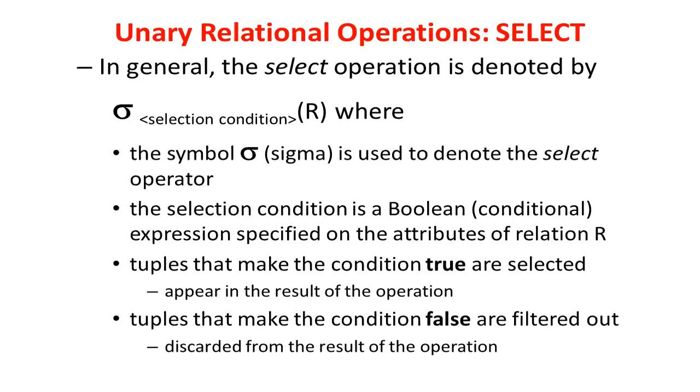The sigma symbol denotes the select operation, right? Sigma, selection condition, and R stands for the relation, that means your table. The symbol sigma is used to denote the select operator, and the selection condition is a Boolean conditional expression specified on the attributes of the relation.